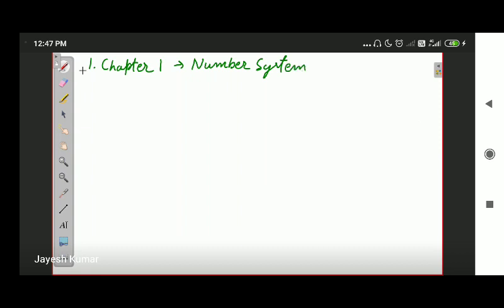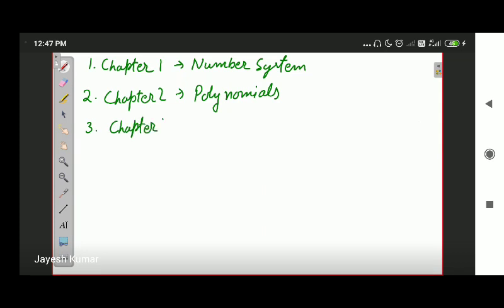Then chapter 2, that is polynomials. Chapter 3, that was coordinate geometry.